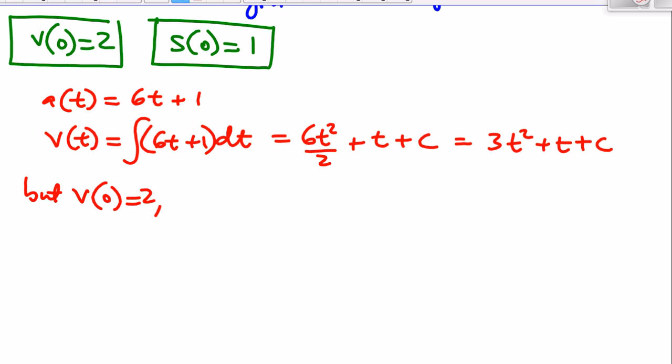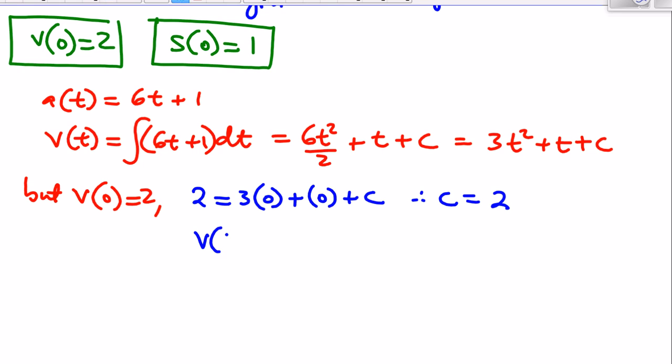So I'll substitute that in this function. So I'll end up with 2 is equal to 3 multiplied by 0 plus 0 plus c, which means that c is equal to 2. And that means that v of t will be equal to 3t squared plus t plus 2.